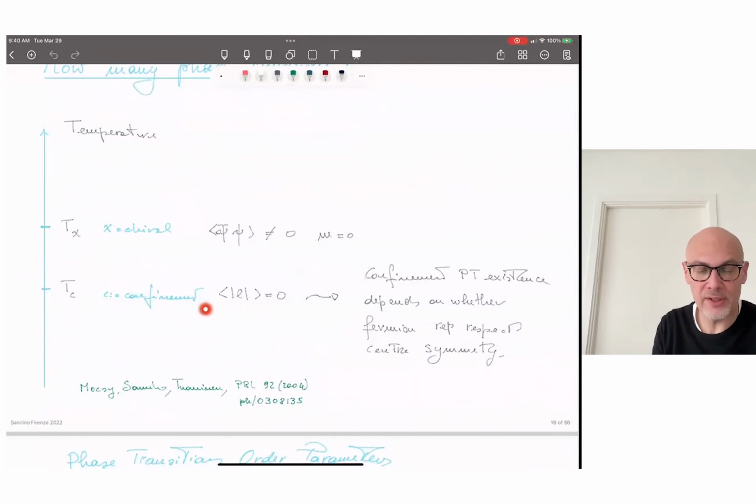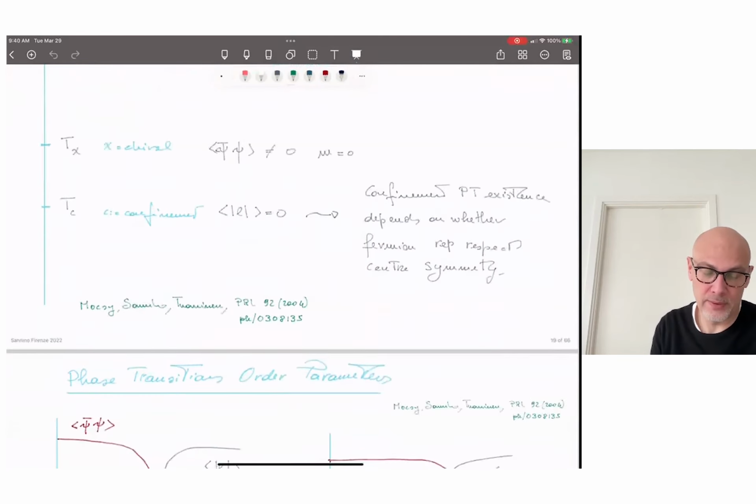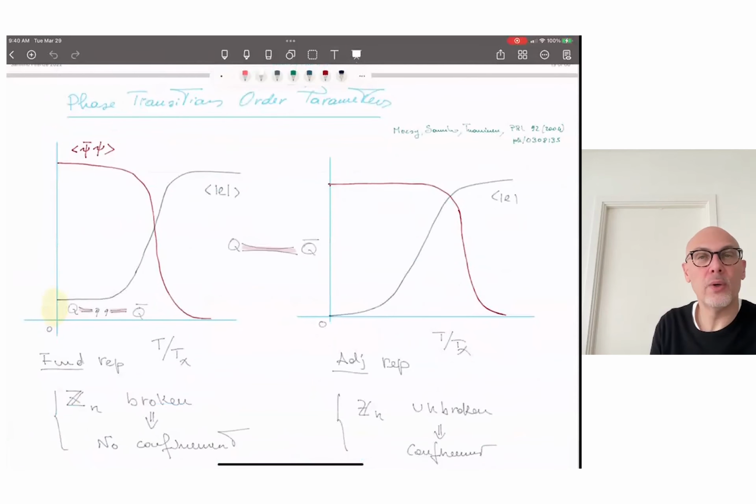However, the existence of the confinement phase transition depends on whether the fermions respect the center symmetry or not. So what does that mean? Well, on the left-hand side, I show a plot of the order parameter for the chiral condensate and the order parameter for the Polyakov loop.